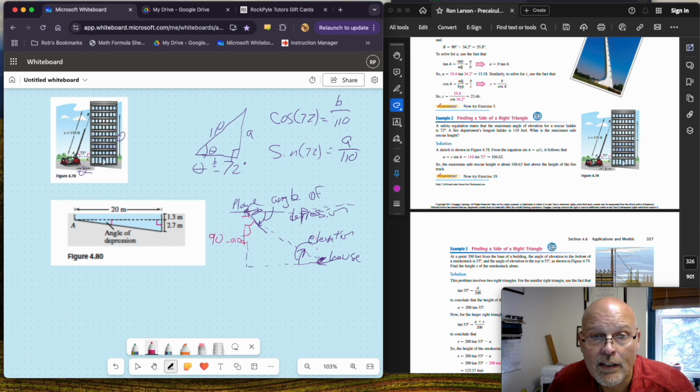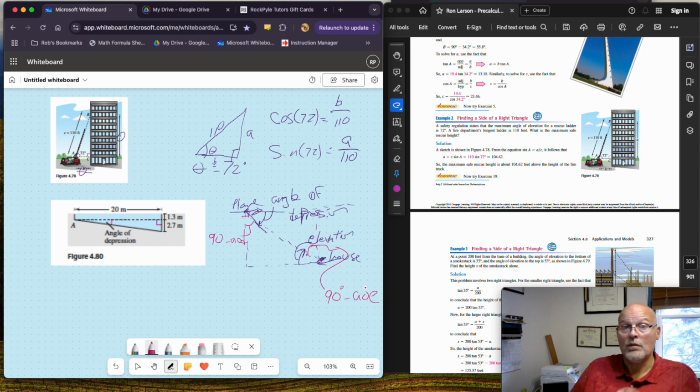And similarly, if they ask for this one over here, this is going to be 90 degrees minus the angle of elevation. So once you have that, you're setting up a transversal. You can also see that depression and elevation are the same, but depending on what they give you, you need to understand what angle you're dealing with.